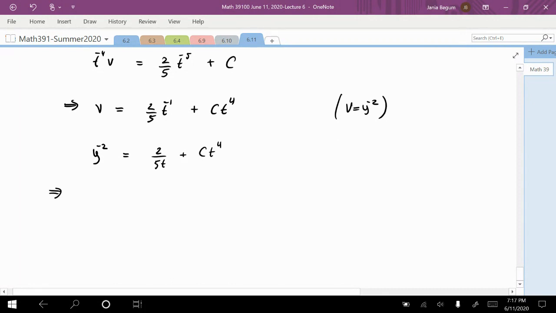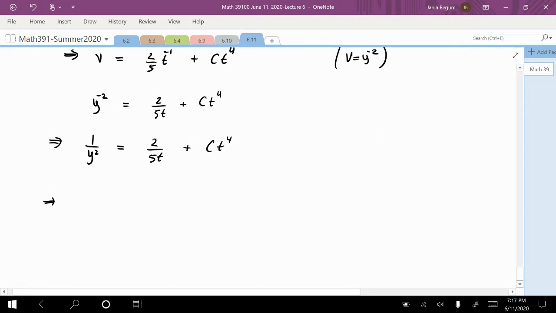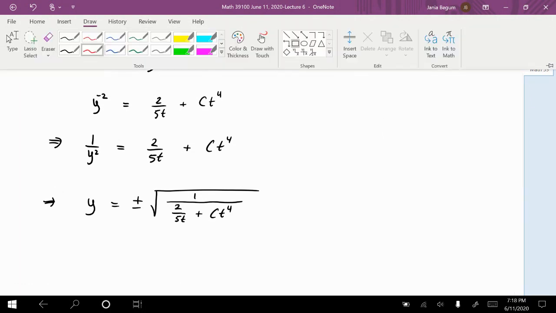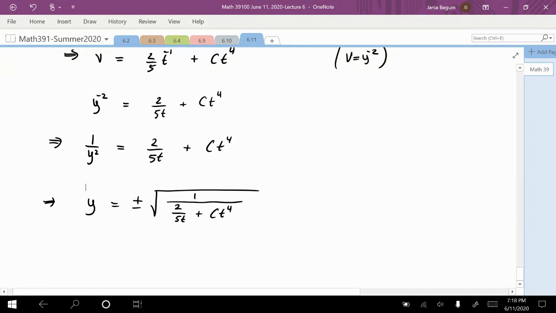Well, we want to make it positive power, y to the positive 2. So that's y squared on the bottom, 2 over 5t plus c t to the fourth. The last thing would be to solve for y. So y would equal plus and minus the square root of the reciprocal on the right side, that's 1 over 2/5 t plus c t to the fourth. So that will be the solution to this Bernoulli equation we have.